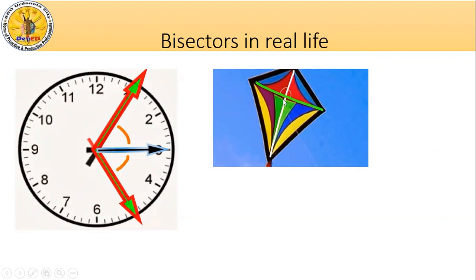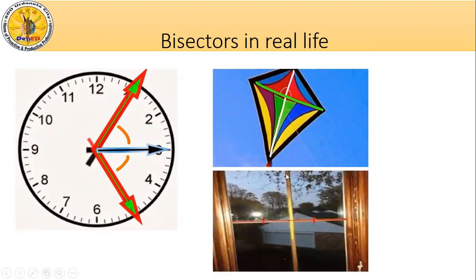The spine of the kite bisects the cross spar or the horizontal spar. The window. Here, you can see that the divided lights of the window bisect the check rail, dividing the window into two equal parts.